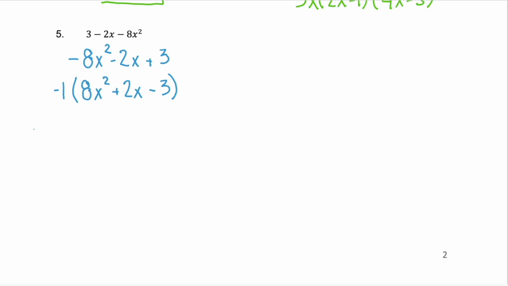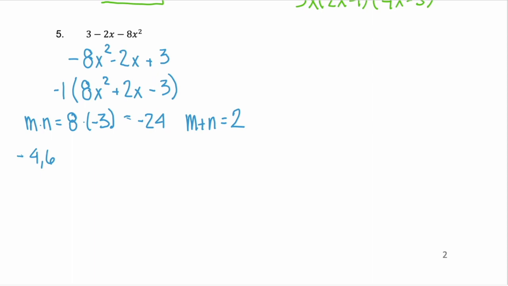No. So let's find our values, m times n, which have to equal 8 times negative 3, or negative 24. And m plus n need to add to our b, which is 2. So what are our factors for negative 24? How about 4 and 6? 4 and 6 multiply to 24, but we need one of them to be negative to give us a negative 24.